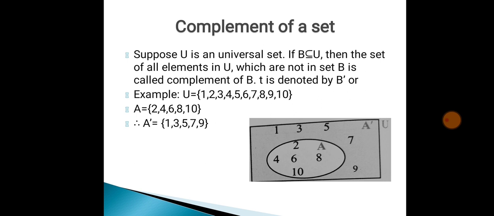So compare set A and U. The elements 2, 4, 6, 8, 10 are present in A, so these elements will not come in set A complement. Excluding 2, 4, 6, 8, 10, the remaining elements will be noted in A complement. Now the same can be shown with the help of a Venn diagram.